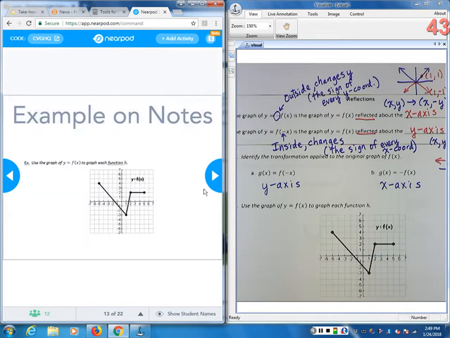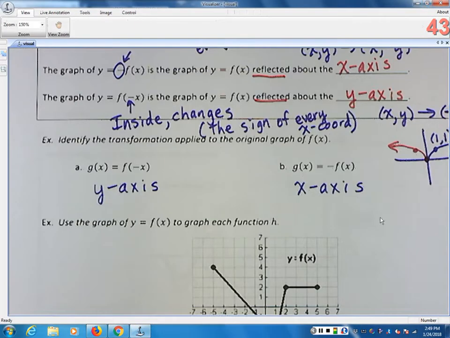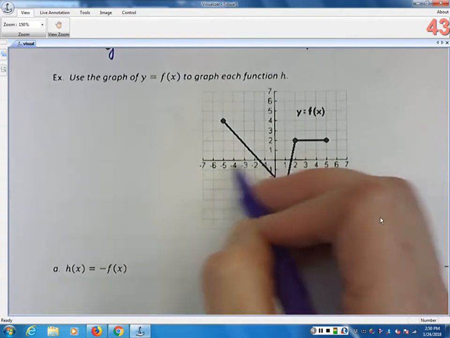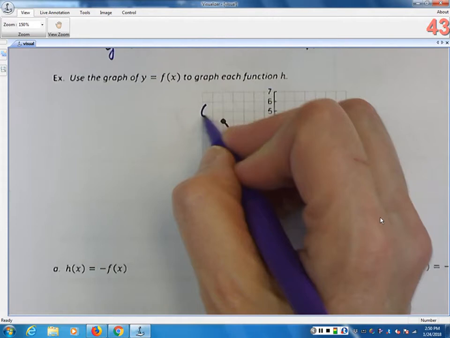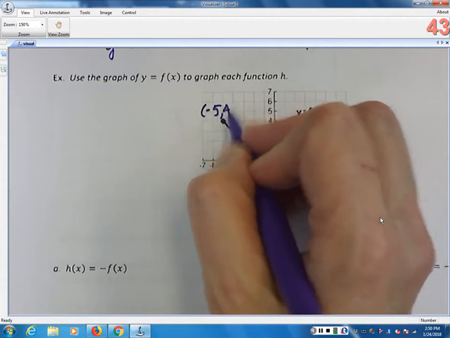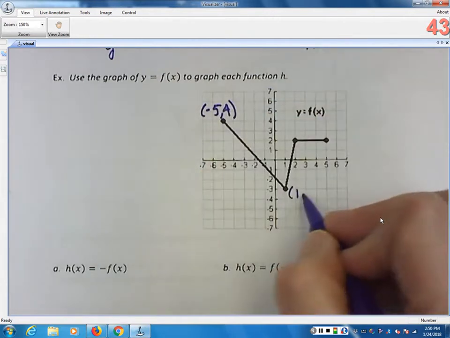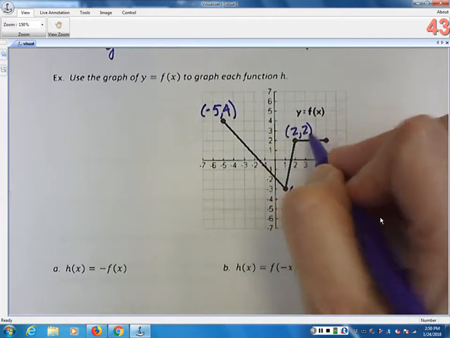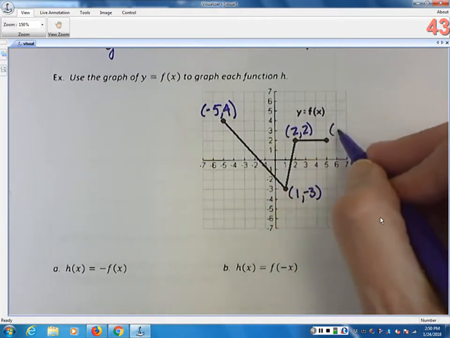Okay, now I have an example on the notes. So, all right. So if we're going to graph this function, we're going to show step by step what happens. So we're going to label these points: -5, 4, 1, -3, and 2, 2, and 5, 2.